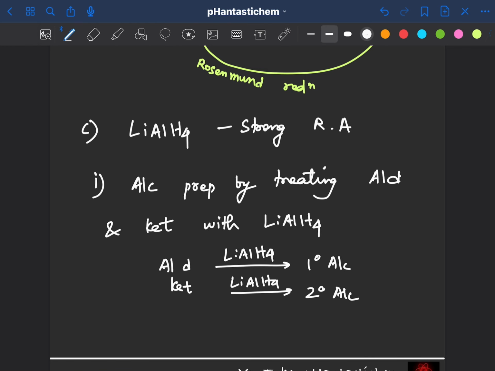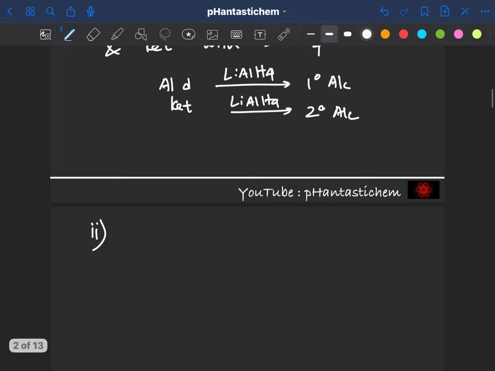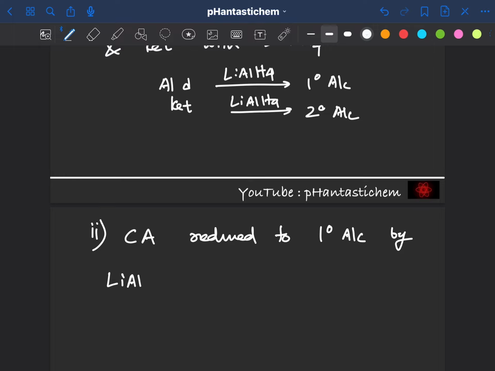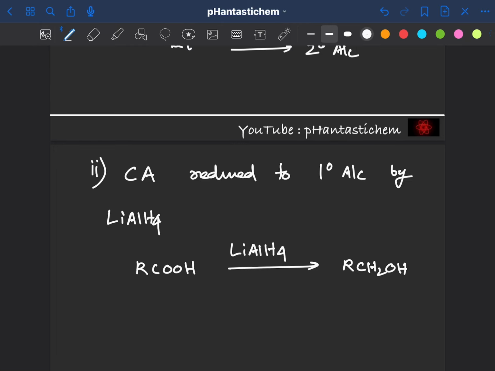It has one more use. The other use of this reagent is that carboxylic acids are reduced to 1 degree or primary alcohols by LiAlH4. For example, if you have a carboxylic acid RCOOH and you use LiAlH4, then we get RCH2OH.